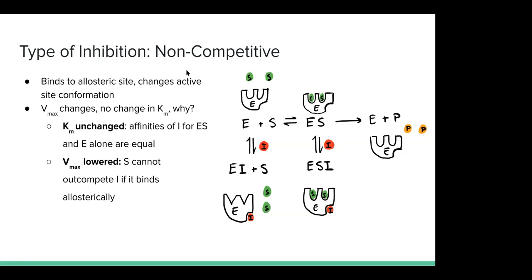So Km remains unchanged because the affinities of the inhibitor for the enzyme substrate complex and the enzyme alone are equal. So there's a 50-50 chance that the substrate or the inhibitor will bind. And Vmax is lower because the substrate cannot outcompete the inhibitor if the inhibitor is binding allosterically.